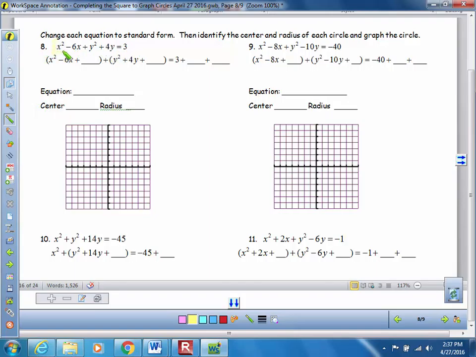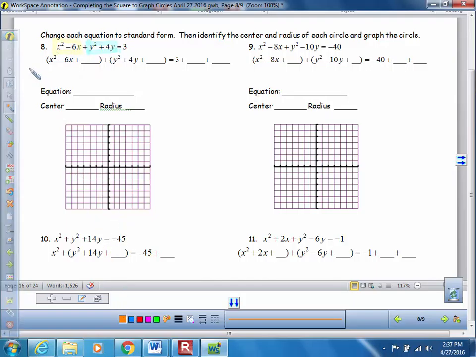So what I'm going to do is I want to look at my original equation. So here's my original equation. I see 2 x's, and I see 2 values with y. So I'm going to be completing the square for x and completing the square for y. So to get c for my x's, I would take negative 6 and divide that by 2, which would give me a negative 3.